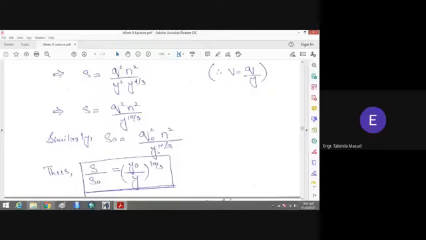Now we will assume that the unit discharge and Manning roughness coefficient is constant for the whole channel. So if you divide these two equations, S divided by S naught, then it will be equal to y naught divided by y power 10 by 3. From this equation, you can see that slope of the energy line and depth of the flow have a kind of inverse relationship with each other.